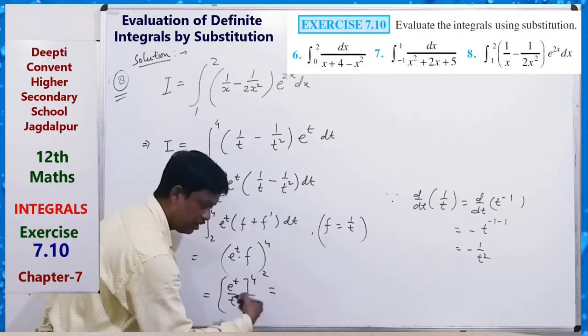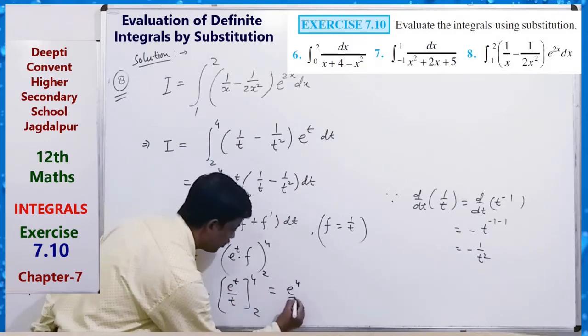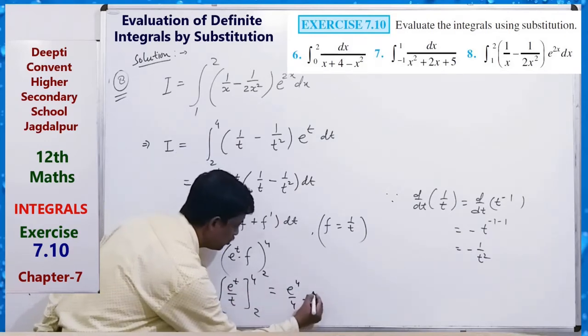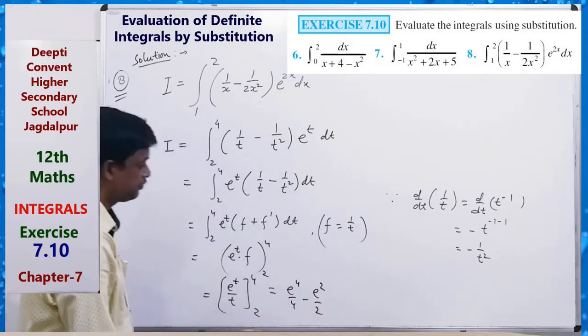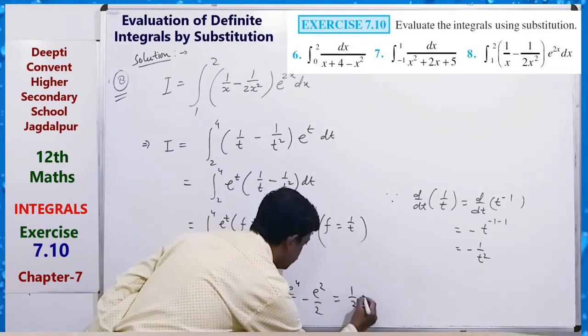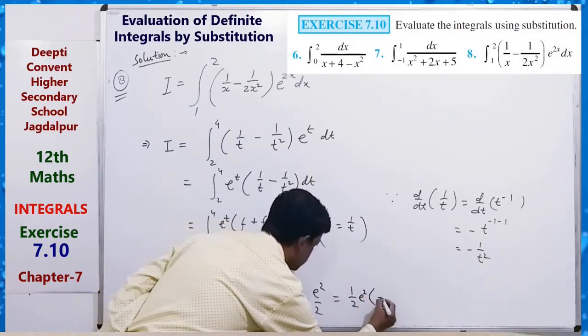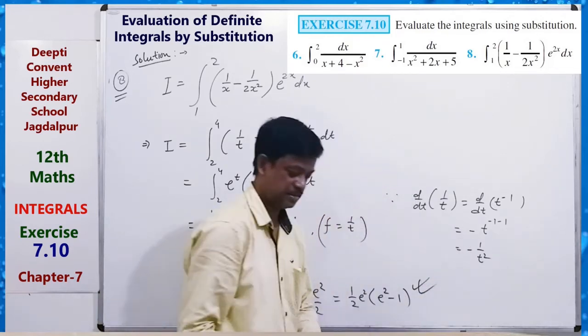Applying the limit, e to the power 4 by 4 minus e to the power 2 by 2, so 1 upon 2 e to the power 2 times e to the power 2 minus 1. So this is our answer.